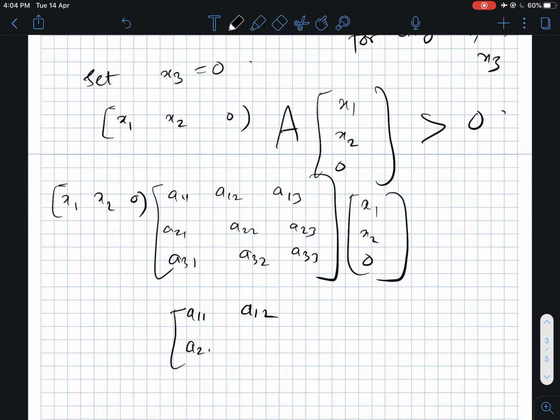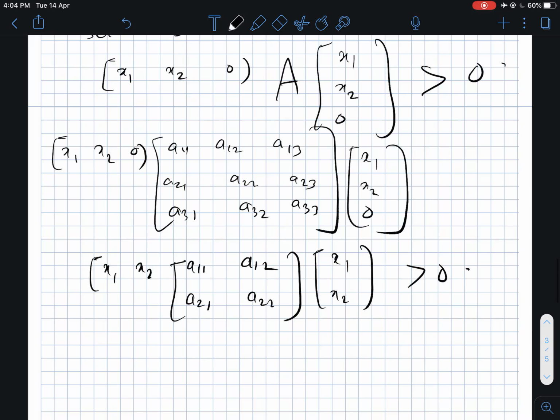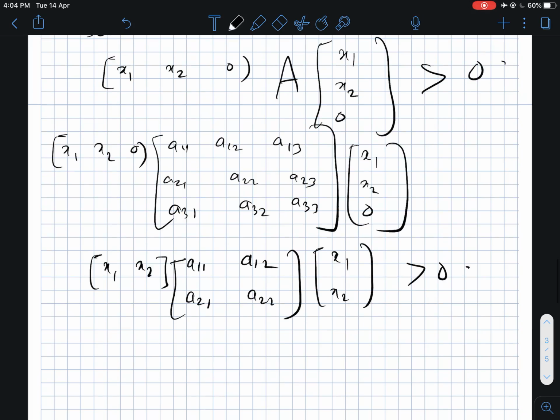What you will see is that you end up with the row vector x1, x2 times A11, A12, A21, A22 times the column x1, x2, and this is bigger than 0. So what you get here is essentially a quadratic form in the principal submatrix. Correct?